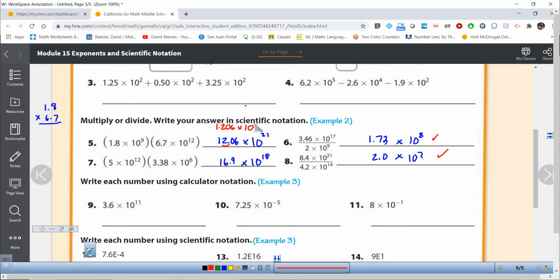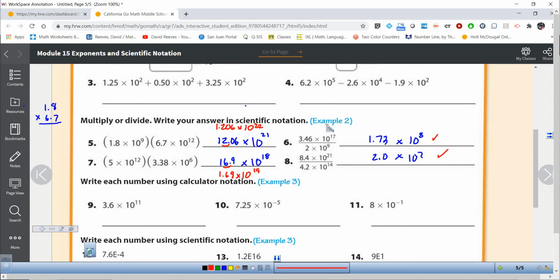All right, so this is going to become 10 to the 22nd power. All right, this one right here, same thing. It's 16.9. I need to change it to 1.69. So I just made this number 10 times smaller. So this one must get 10 times bigger. So it is 10 to the 19th. All right, does that make sense to you? I hope that makes sense to you.